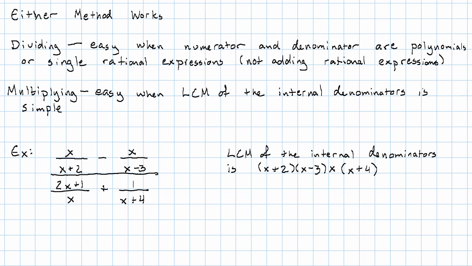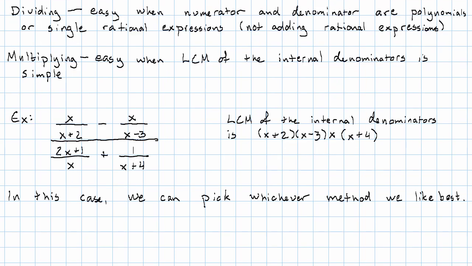The least common multiple of the internal denominators is literally just all four of them multiplied together. Neither method seems particularly easy here. In a lot of ways, that's actually good news, because here's what it means. In this circumstance, we can just pick whatever method we like.